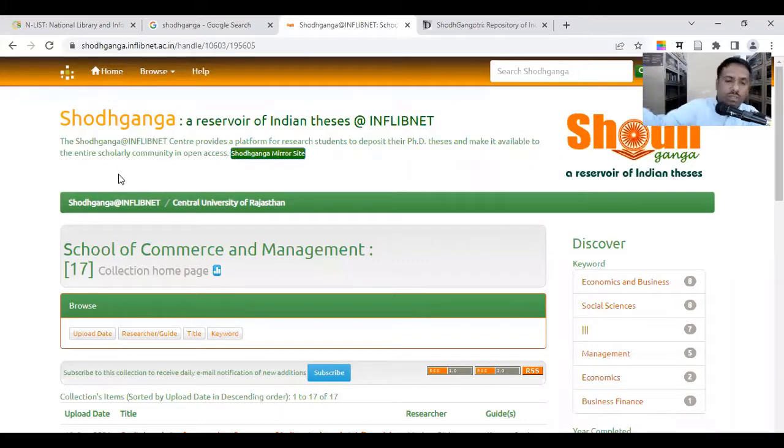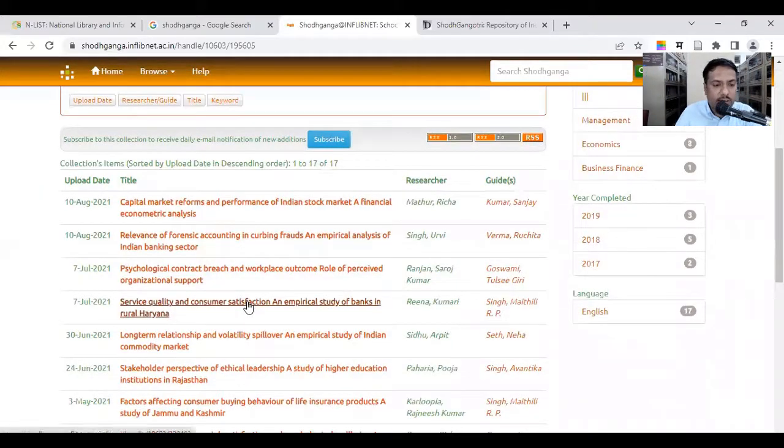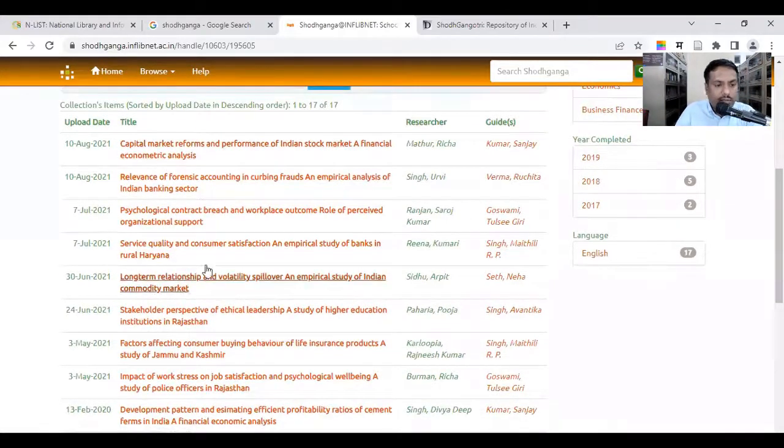So this is one project. Now this is one PhD thesis I'm going to show you. Here are some PhD theses: capital market reform and performance of Indian stock market, a financial econometrics analysis. Then relevance of forensic accounting in curbing frauds, an empirical analysis of the Indian banking sector. Now psychological contract breach and workplace outcome: role of perceived organizational support.